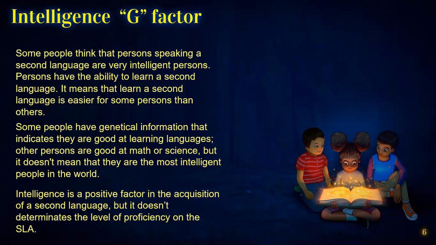Other persons are good at math or science, but it doesn't mean that they are the most intelligent people in the world. Intelligence is a positive factor in the acquisition of a second language, but it doesn't determine the level of proficiency in second language acquisition.